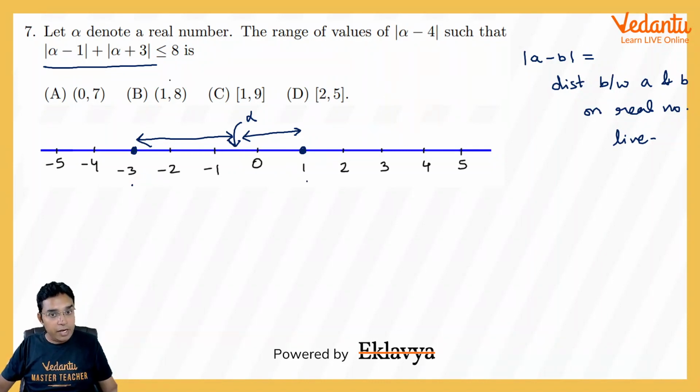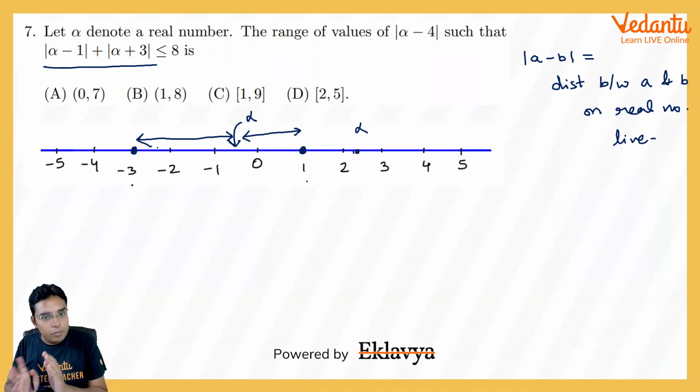Now, if I take my alpha to be bigger than 1, maybe here, okay, then you can see the distance from 1 and the distance from minus 3, they both will be more than 4, because if my alpha is here, the distance from 1 and the distance from minus 3 both become more than 4, and we want this to be less than 8.